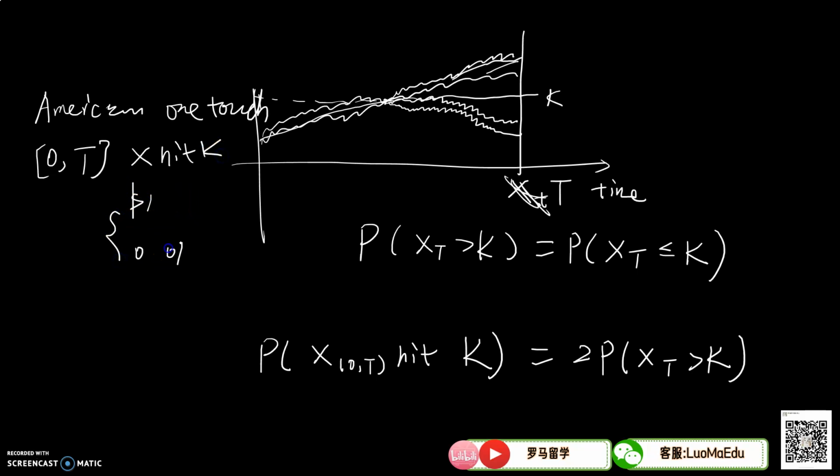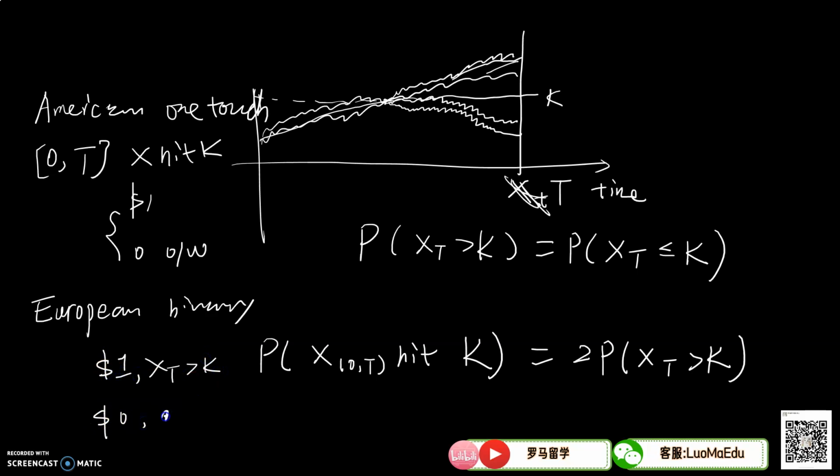Otherwise, I get $0. So this is the American one-touch definition. And we have another definition for the European binary option, which means that if X at capital T is larger than K, I get $1.